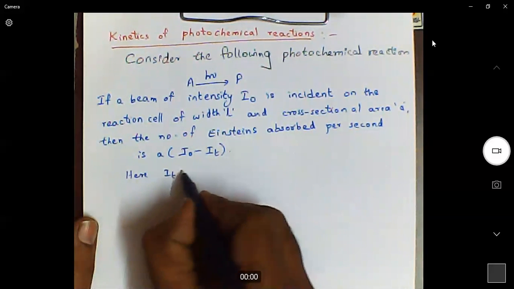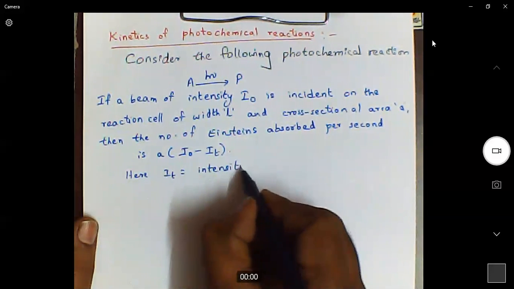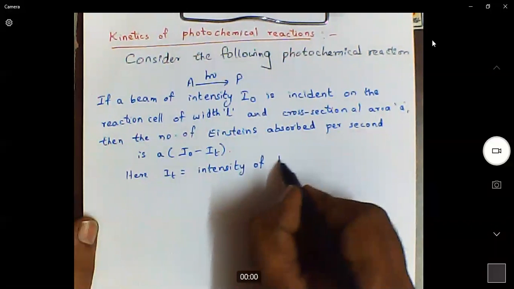Here IT is intensity of transmitted light.